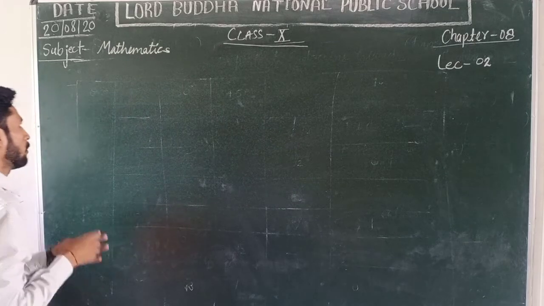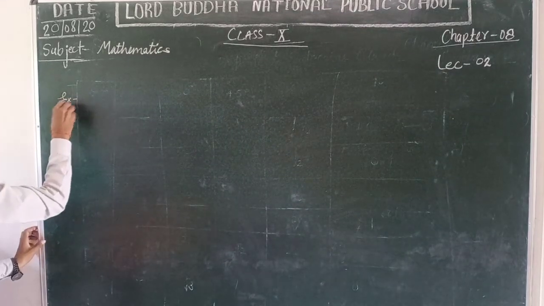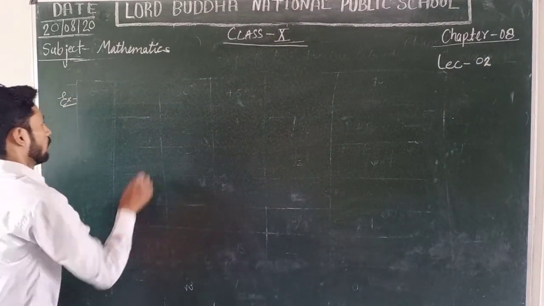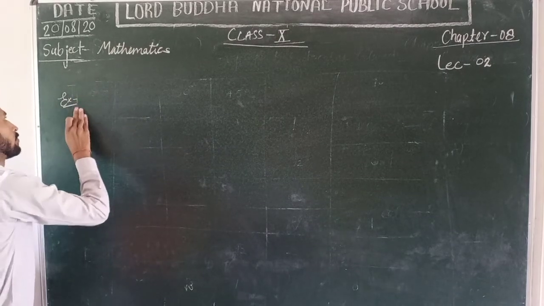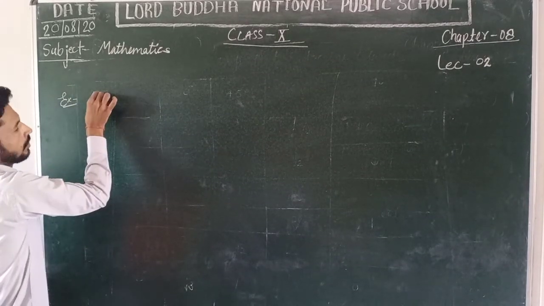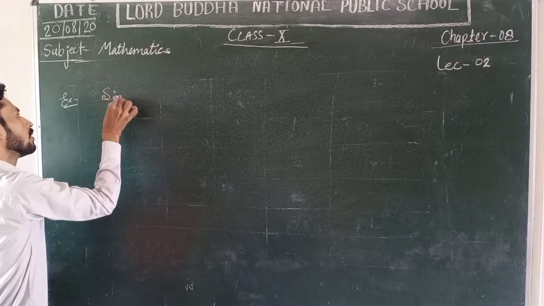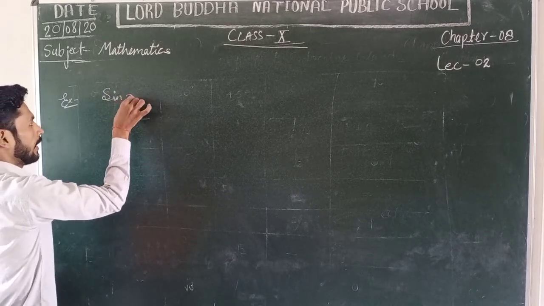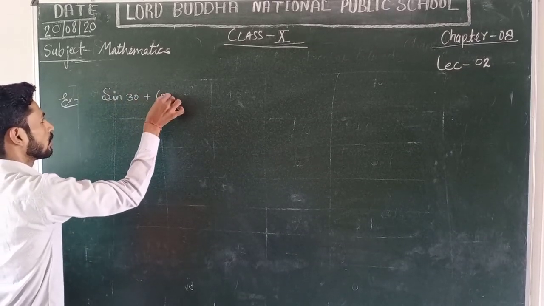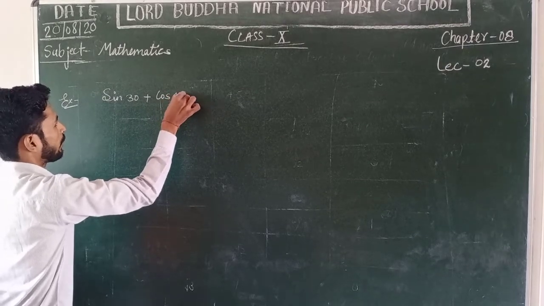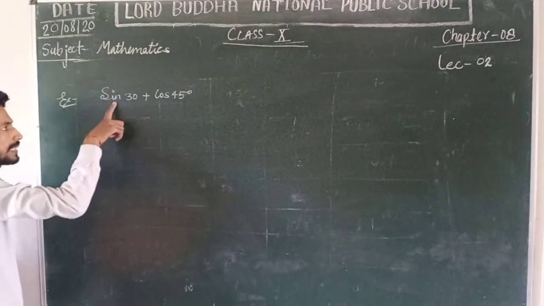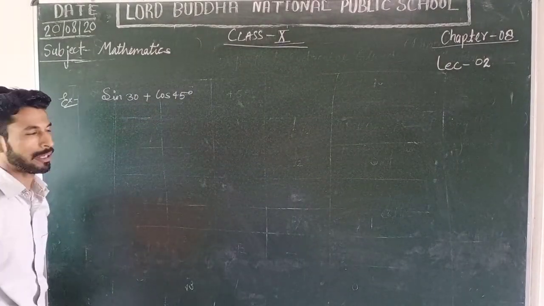Now suppose, for example, it is written: sine 30 degree plus cos 45 degree. Calculate the value of sine 30 degree plus cos 45 degree.